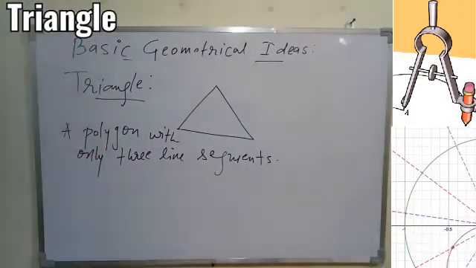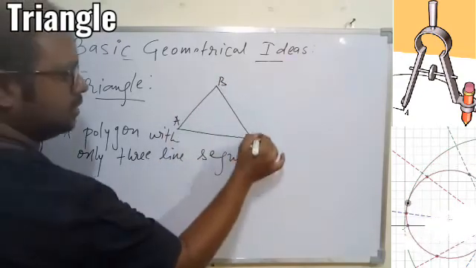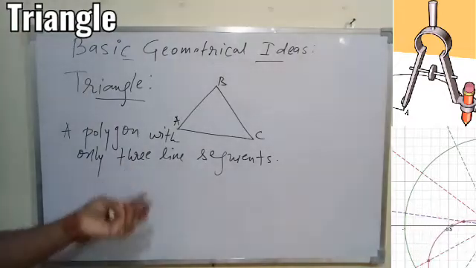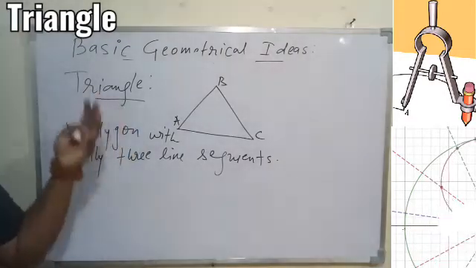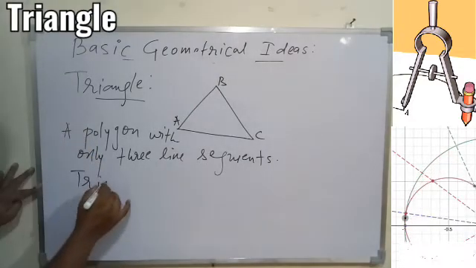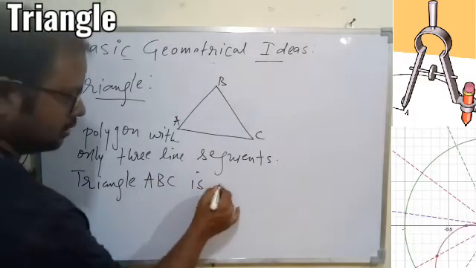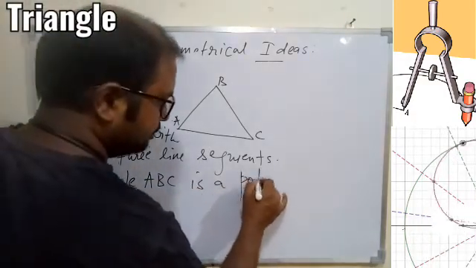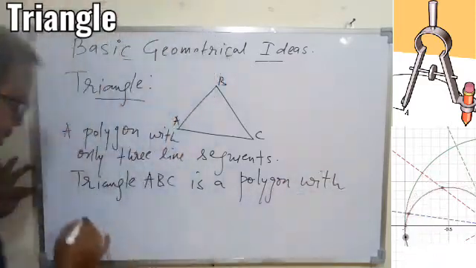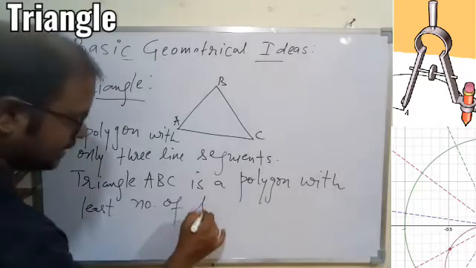So the diagram I have shown to you, let the names be given here, A, B and C. So we can say here A, B and C are the 3 different vertices of this polygon ABC. So we can say here triangle ABC is a polygon with the least number of line segments.